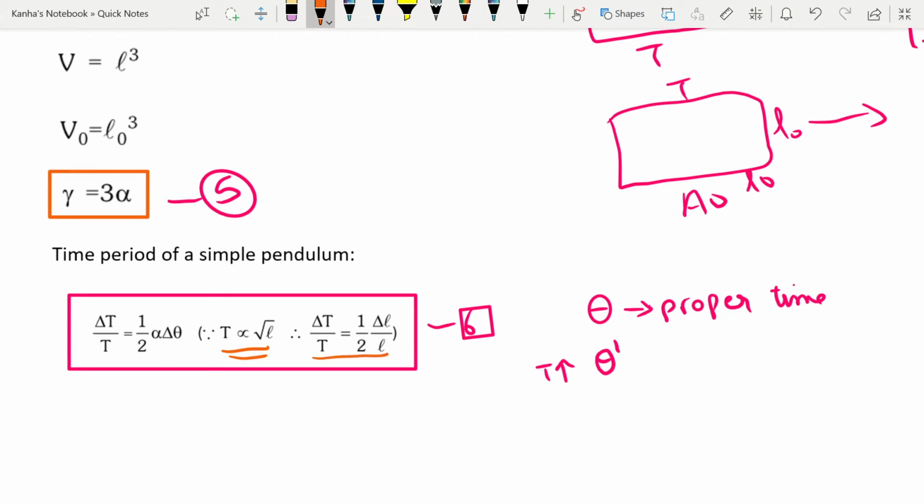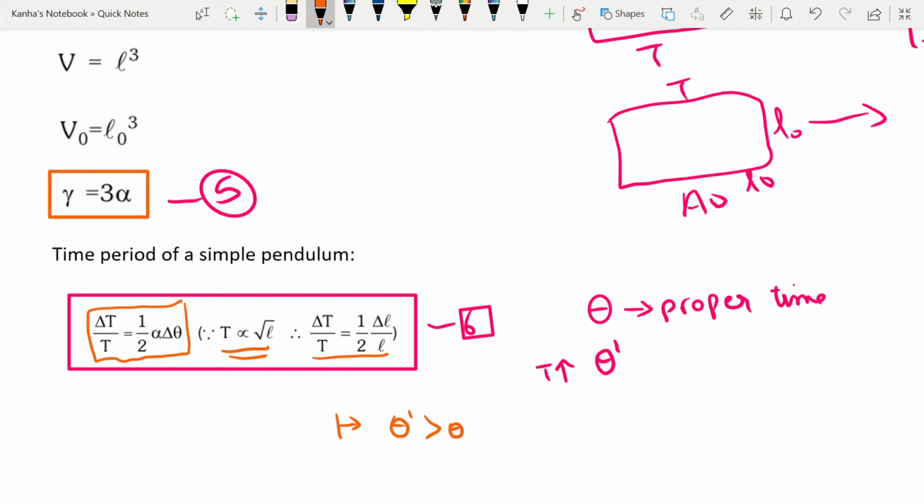You should also take this into consideration because questions have been asked from this before. Sometimes the question will be dealt with in this form, so I'll tell you what the forms are. The first form is when the clock will lose time. Clock losing time means that theta prime is greater than theta.